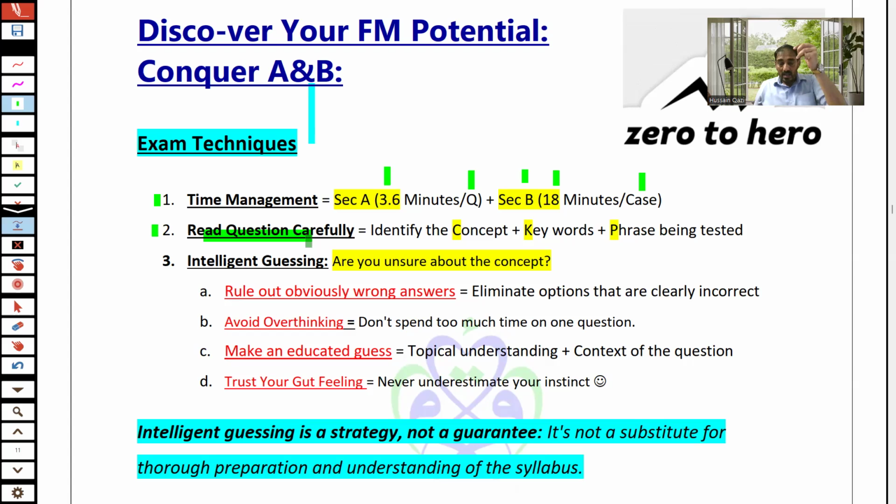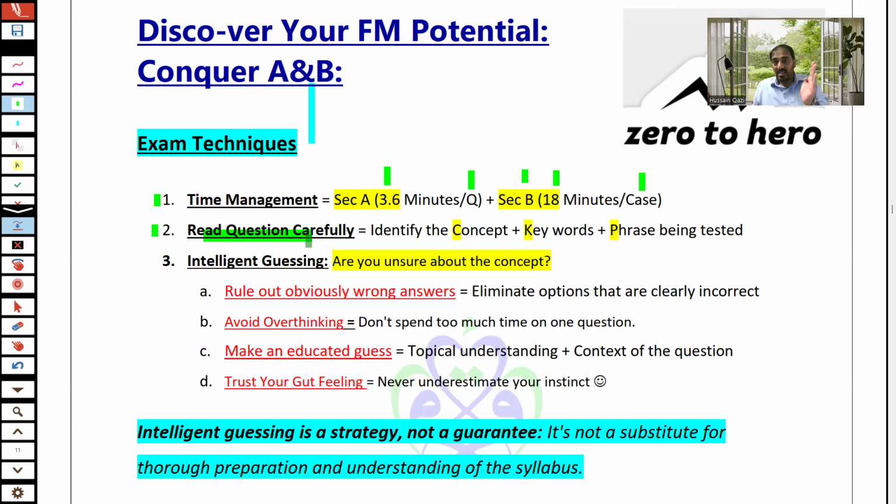Number 1, read the question and first identify the concept. What concept is the examiner examining here? Number 2, the keywords. What keywords did the examiner mention about that concept? Number 3, what phrase is being tested here?